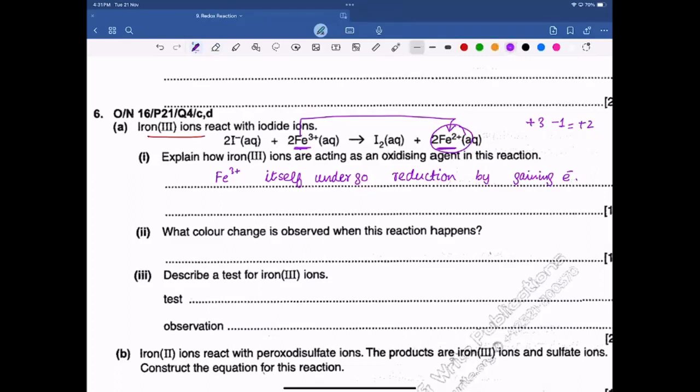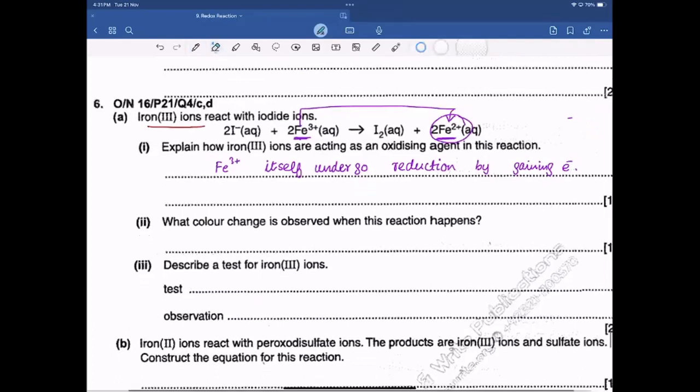Yes, did you understand this? Yes. Okay. What color change is observed? Purple. Green. Why? No, but the thing is that there are two things which are formed. One is aqueous iodine and one is aqueous iron.